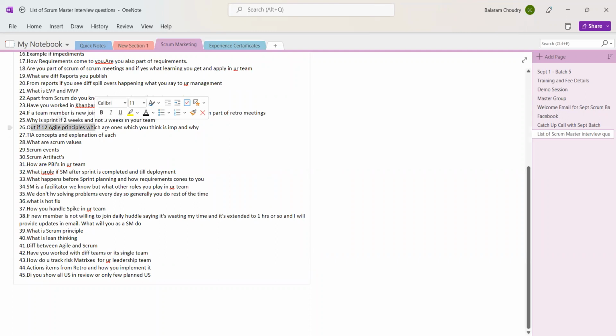Now coming to the 12 agile principles, which are the ones you think are important and why? Every agile principle is important, right? So mainly talk about embracing change, because that is the foundation on which agile principles are built. Everything that comes as part of implementation through agile is because of changes in the market and changes in customer requirements.